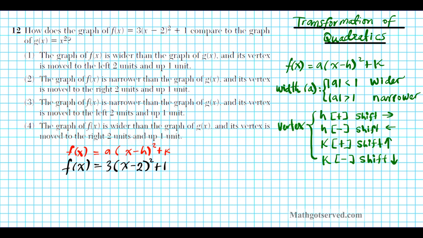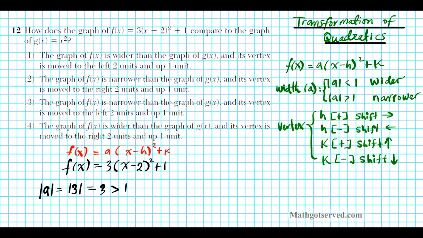Okay, so let's extract those values and use our formula here to determine what happens to the graph of x squared when it's translated into this form. So a is, actually I need the absolute value of a, which is the absolute value of 3. Absolute value of 3 is 3, and that is greater than 1.